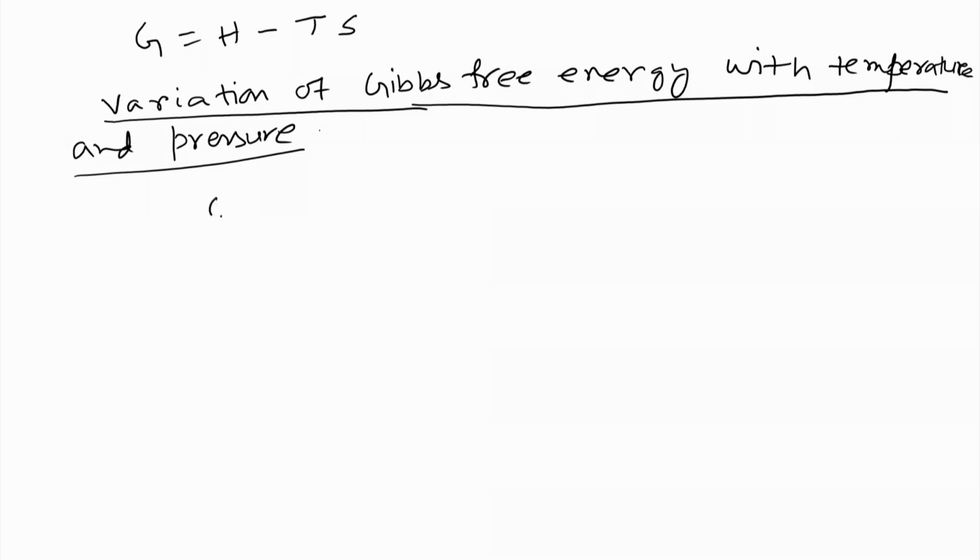So we know G is nothing but H minus TS. So we can write dG is dH minus T dS minus S dT.